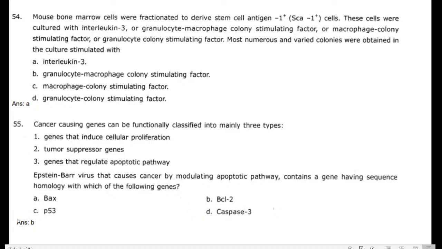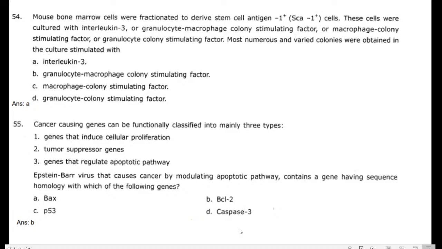Here the answer is BCL2. In the apoptotic pathway, BCL2 is the initial triggering molecule. The virus affects BCL2, and that alteration makes a change in the apoptotic pathway.